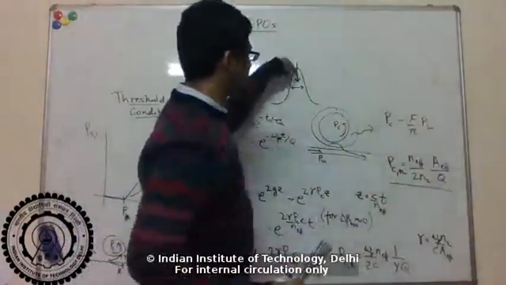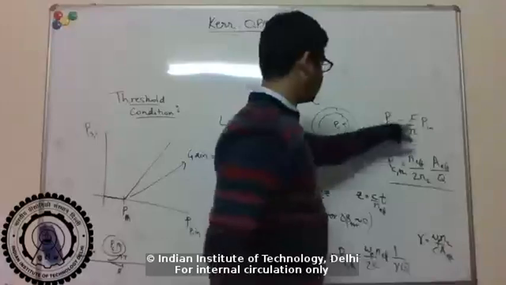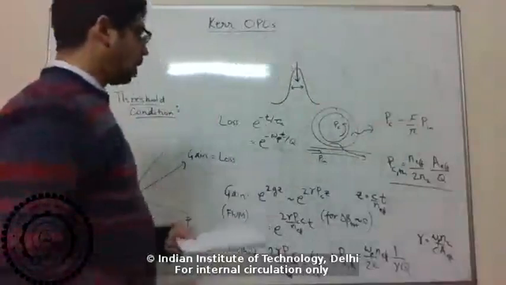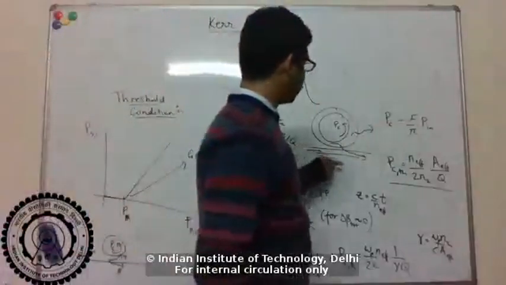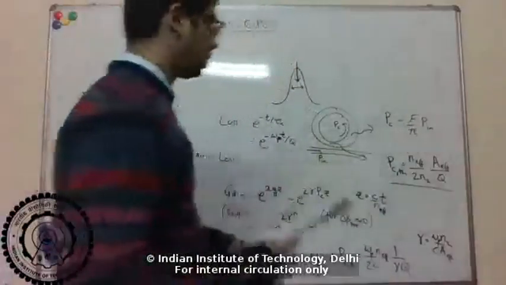If you are right on resonance, the power in the cavity is enhanced by a factor of finesse compared to the input power. So how much power we need here is a factor of this lower than the cavity power.